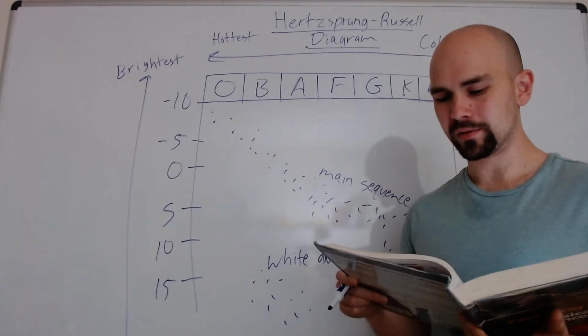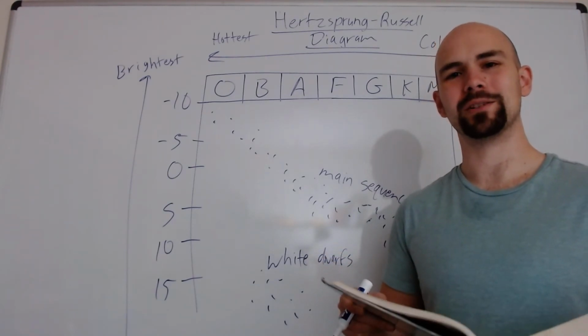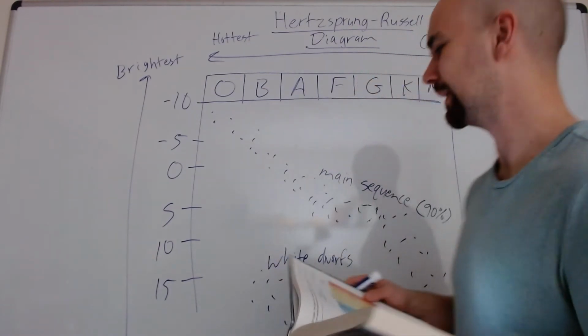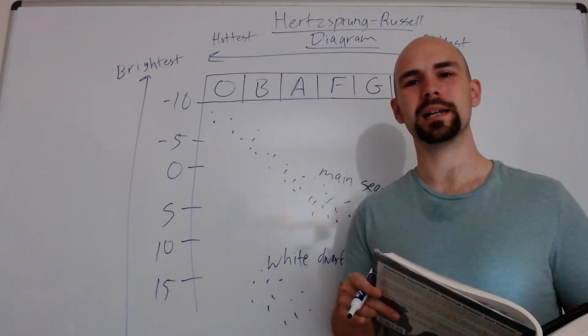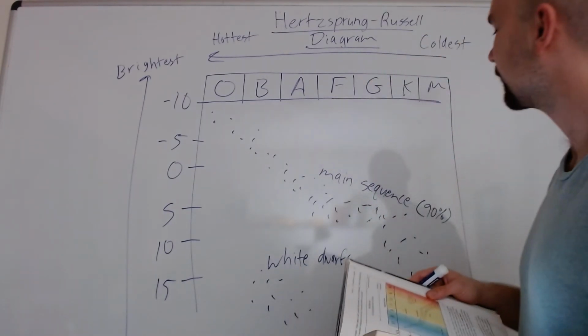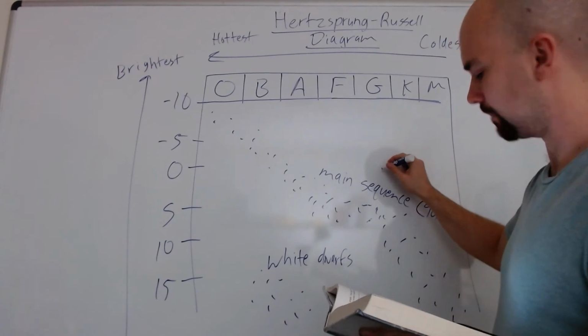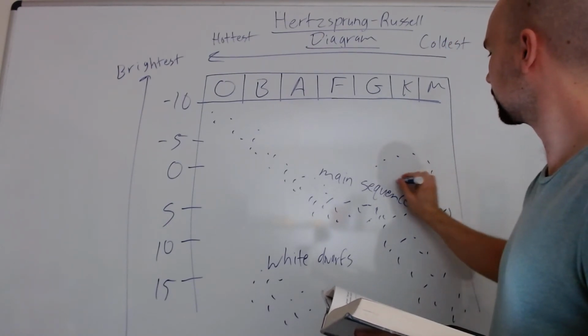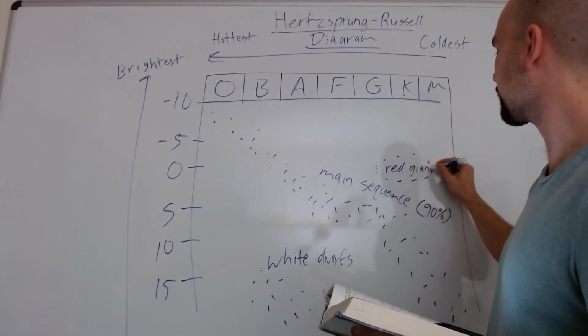And so the white dwarfs are going to be a little different. They're very hot, but they're not very bright. And that may have to do with the fact that they're small. They're actually really compact. A teaspoon of white dwarf star material would weigh tons on the Earth. Literally tons. Then up here, above the main sequence, you got a pocket of red giants, dwarves and giants.